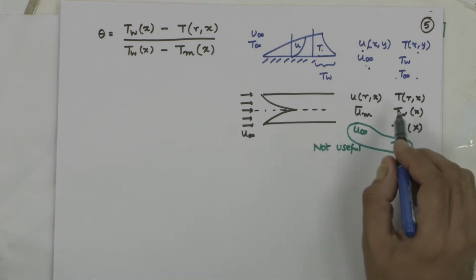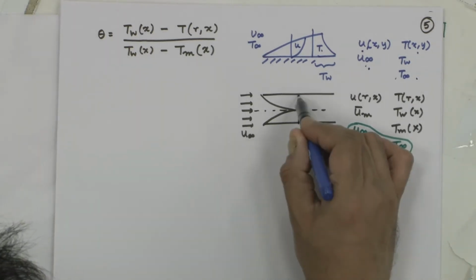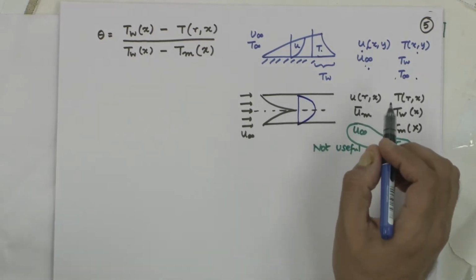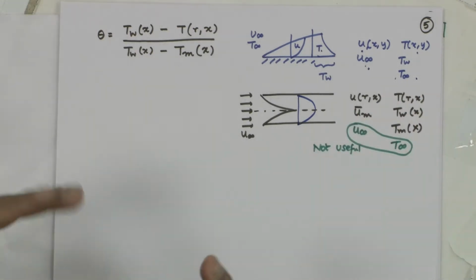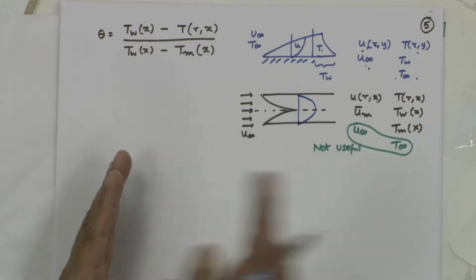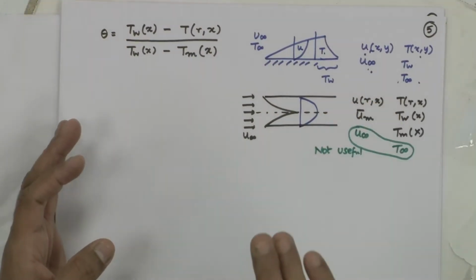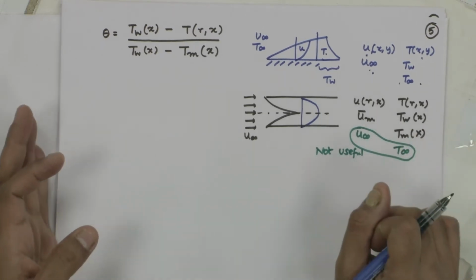You are going to be concerned with a velocity distribution and a temperature distribution, and the bulk mean quantity is what is going to be repeatedly used to relate a local quantity to some average quantity. Earlier we related it to the maximum quantity, now we are going to relate it to the average quantity. This is something which you should communicate effectively to the student.